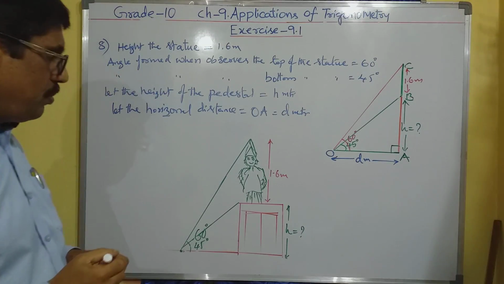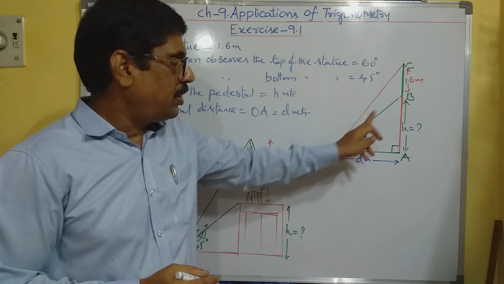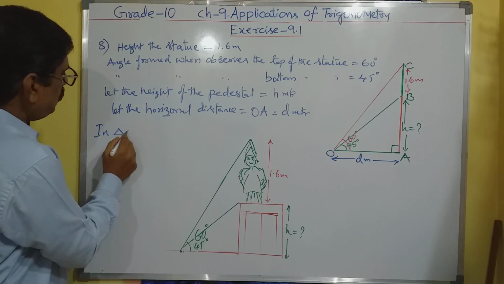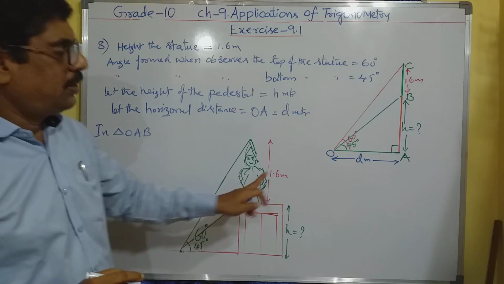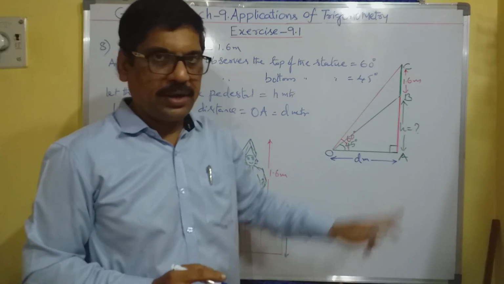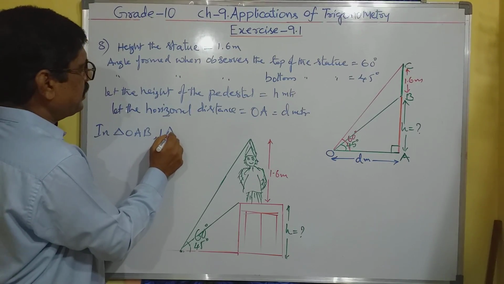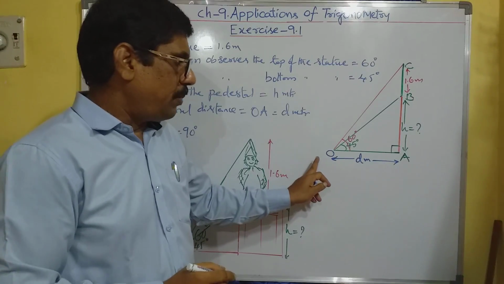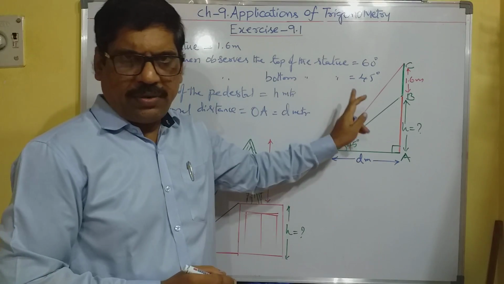Now let us do the problem by taking two different triangles. The first triangle I am taking is triangle OAB. The small triangle, it is right angle triangle, okay? Here angle A is equal to 90 degrees. So we can apply any trigonometric ratio. Let us apply tan. Why? Because here hypotenuse is not required.